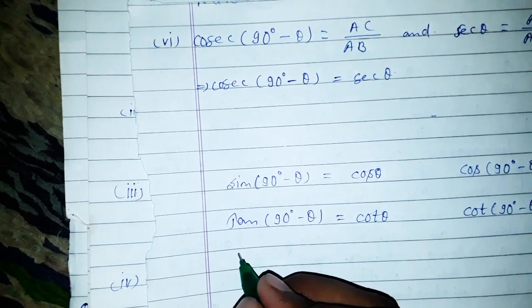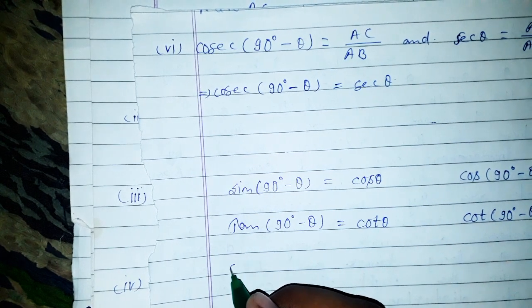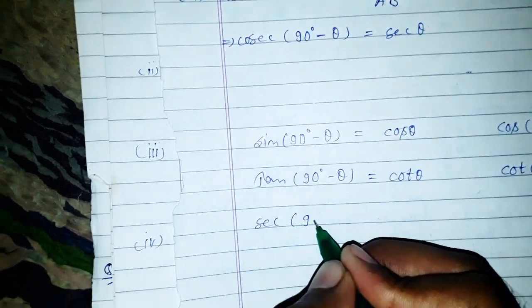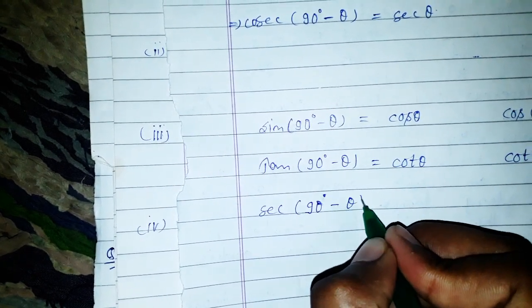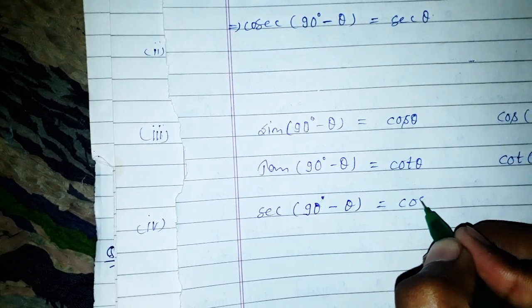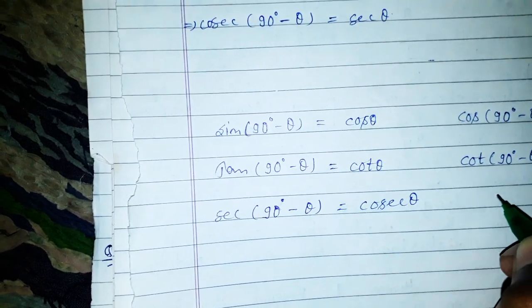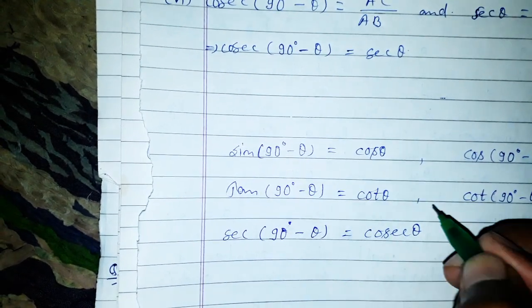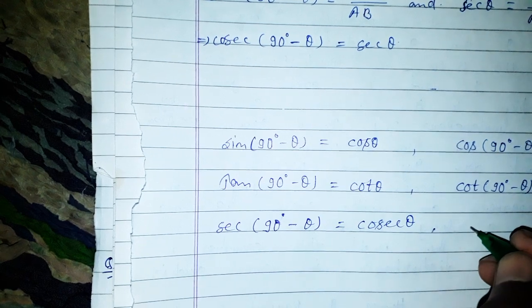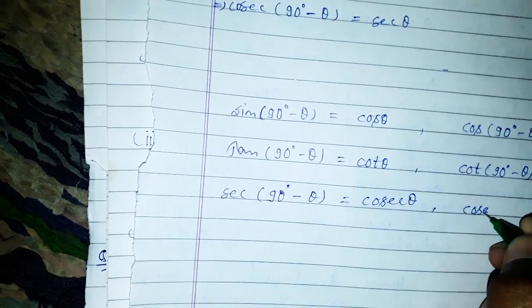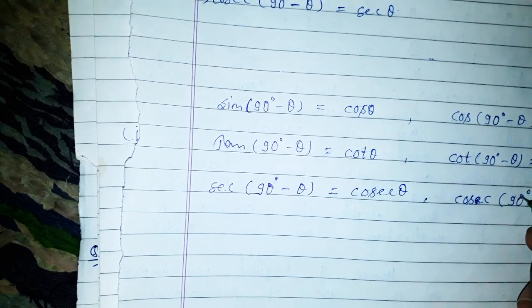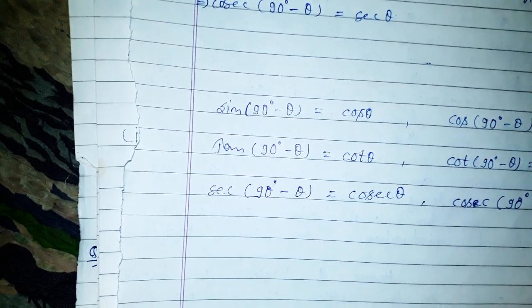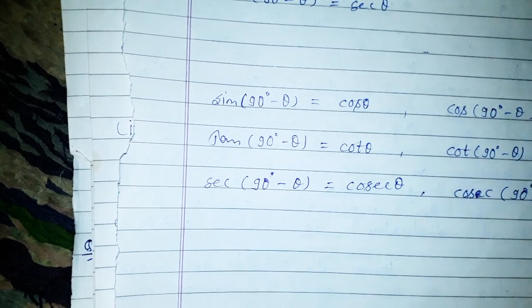Next, sec(90 minus theta) is equal to cosec theta, and cosec(90 minus theta) is equal to sec theta.